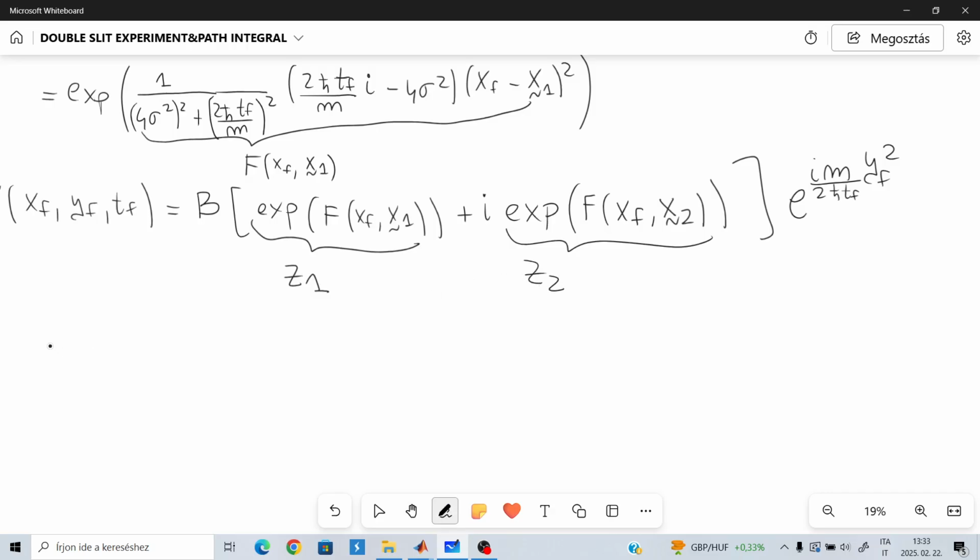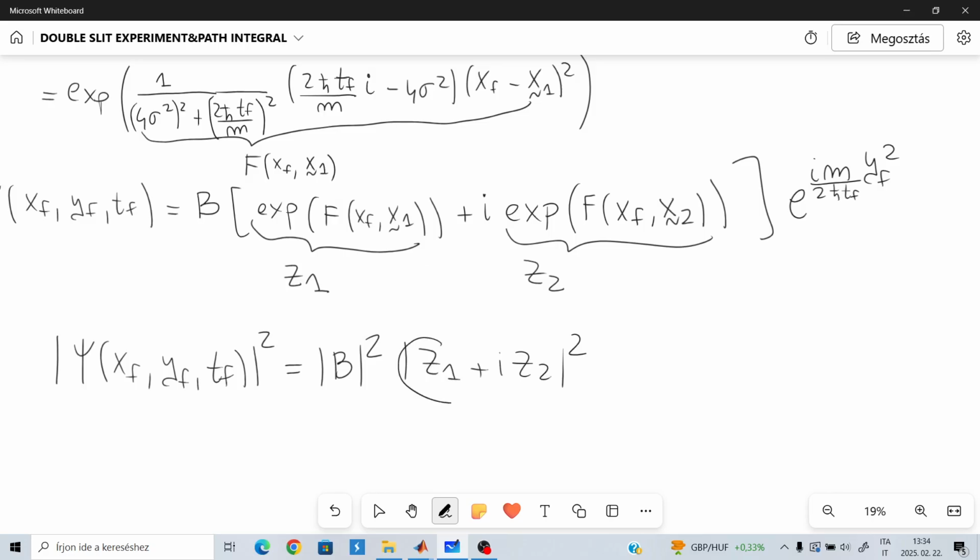We are interested in the mod of psi of xf, yf, tf squared, and we have to remember some properties of complex numbers. So we have the mod of b squared. As I said, we have the mod of this squared, but that will just give us 1 when we take the mod. And then we have the mod of z1 plus I z2 squared.